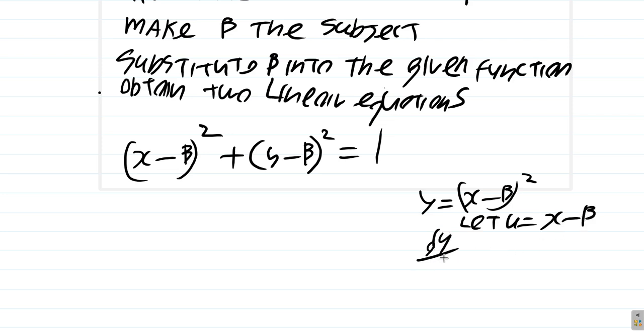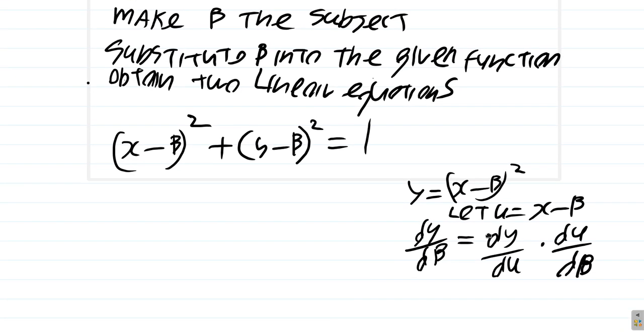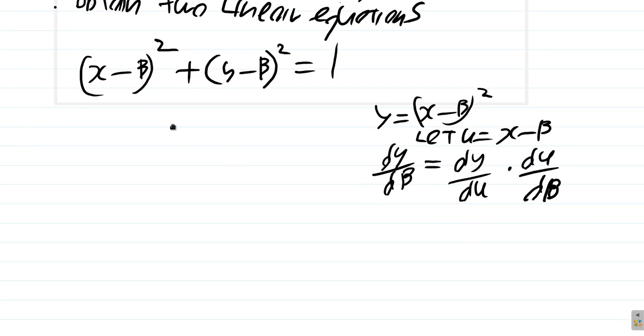Then dy by d beta, since you're differentiating with respect to beta, is equal to dy by du times du by d beta. Remember, you should be able to do the chain rule mentally by now, especially for this one. Should be, but just a little reminder.